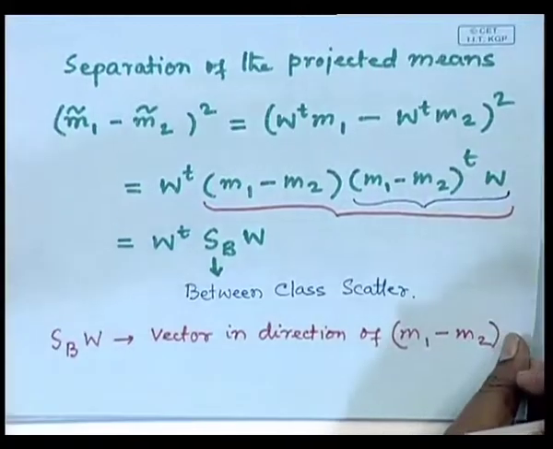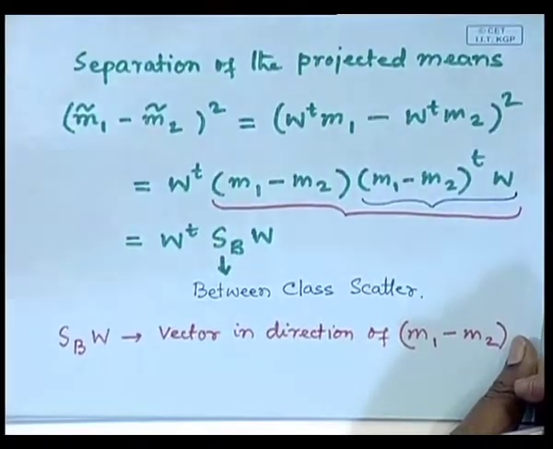So, I have these different scatter matrices and the corresponding expressions. Once I have the within class scatter and the between class scatter, what we said is that I should define a criteria function which is a ratio of a measure of between class scatter and a measure of within class scatter.